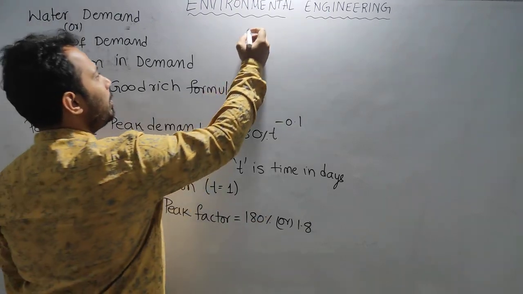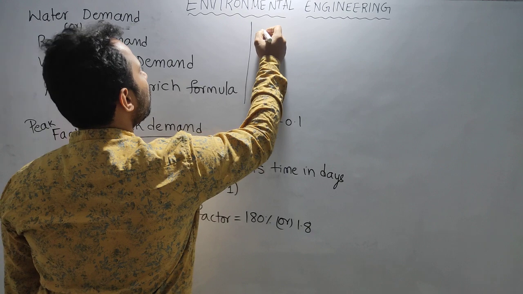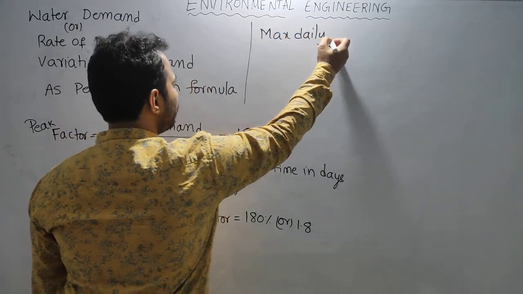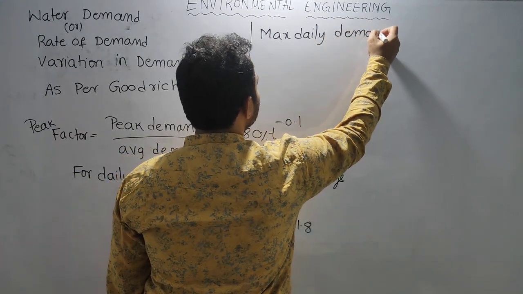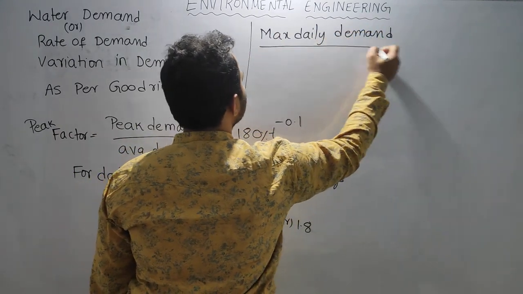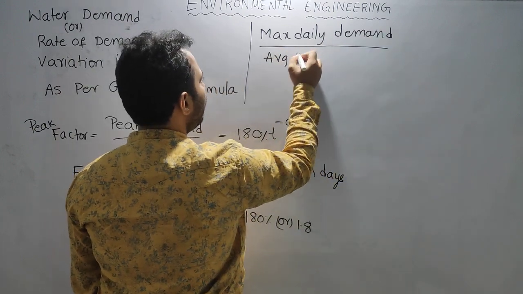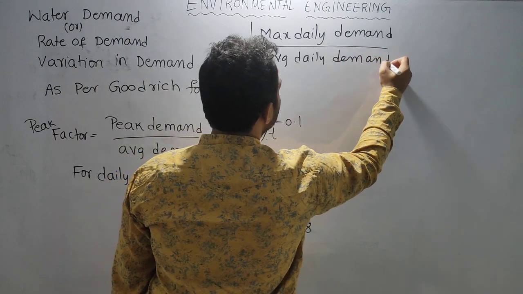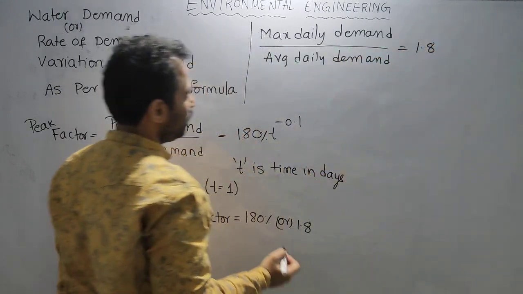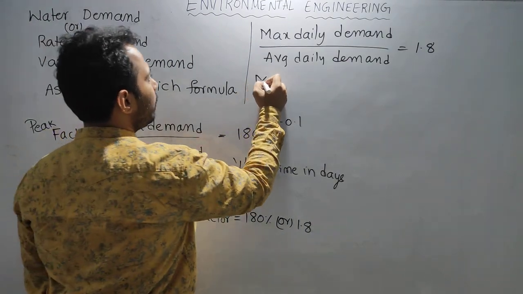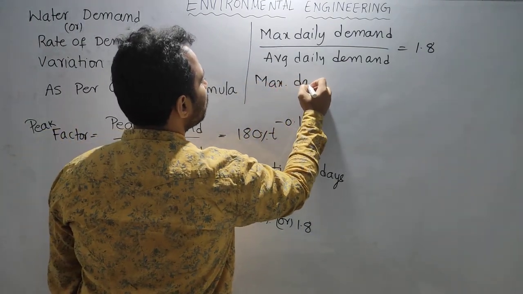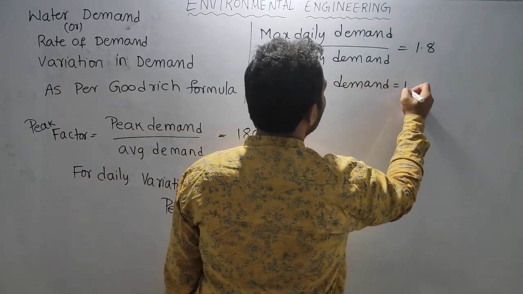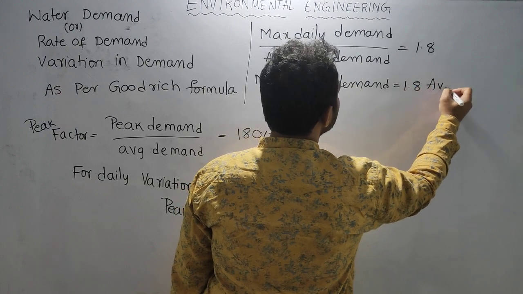That means maximum daily demand by average daily demand is 1.8. That means the maximum daily demand is equal to 1.8 times the average daily demand.